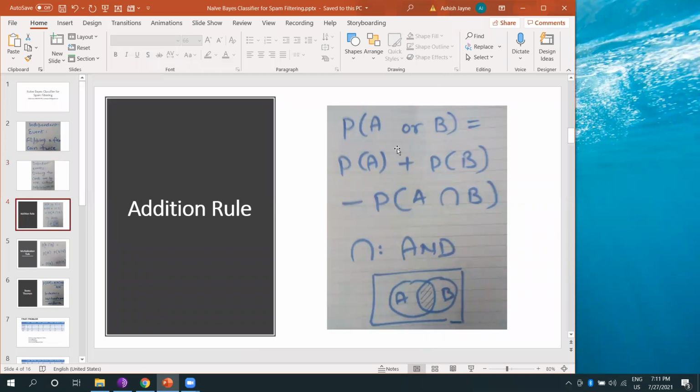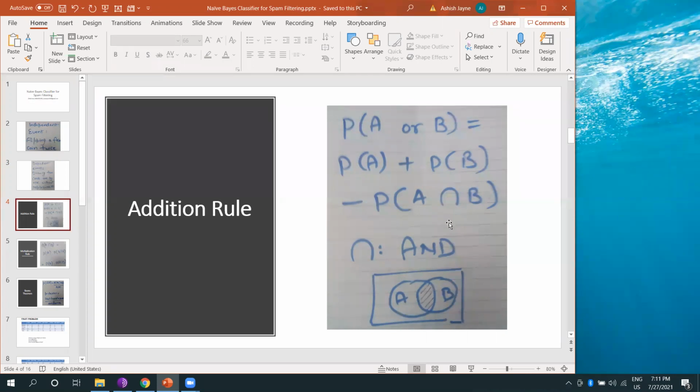P(A or B) means that either event A happens or B happens, such as a throw of a fair coin. In the flip of a fair coin, you get heads or you get tails. Now if you are not bothered about a head or tail, then the probability that you get a head or you get a tail is 1, and that can be represented as probability of heads plus probability of tails minus probability of heads and tails both.